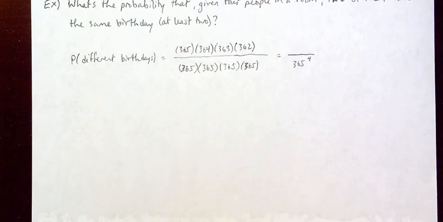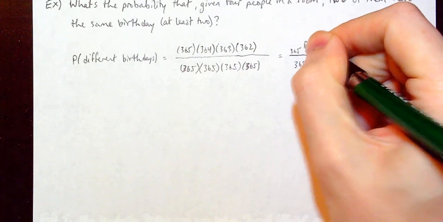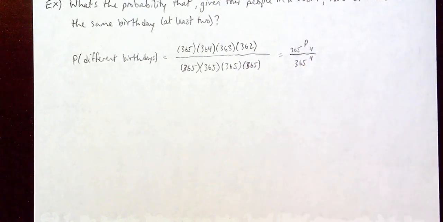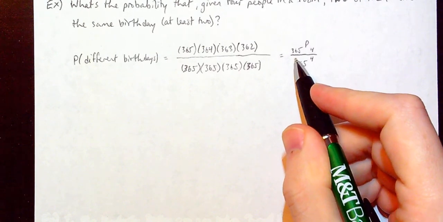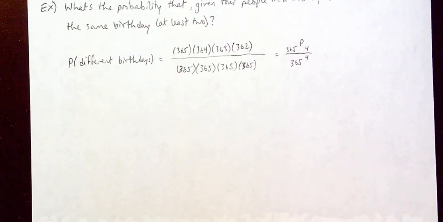And the numerator there we can actually represent as a permutation. The top is 365P4. If you go back to the formula for a permutation of n objects taking r of them at a time, and if you use 365 for n and 4 for r, you will get, when you cancel out things, this right here.